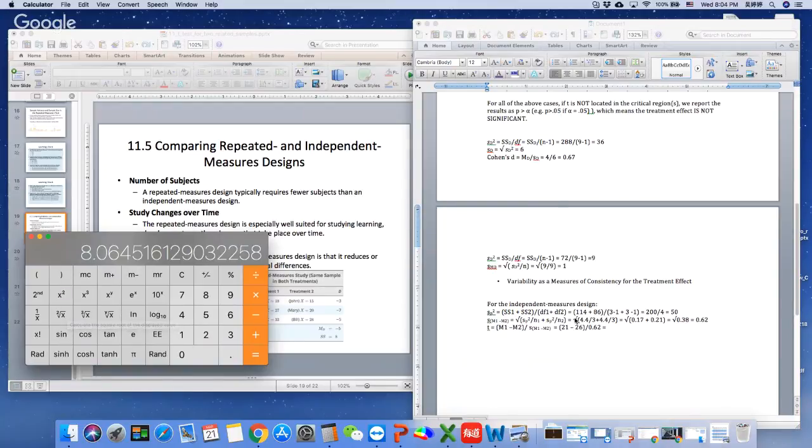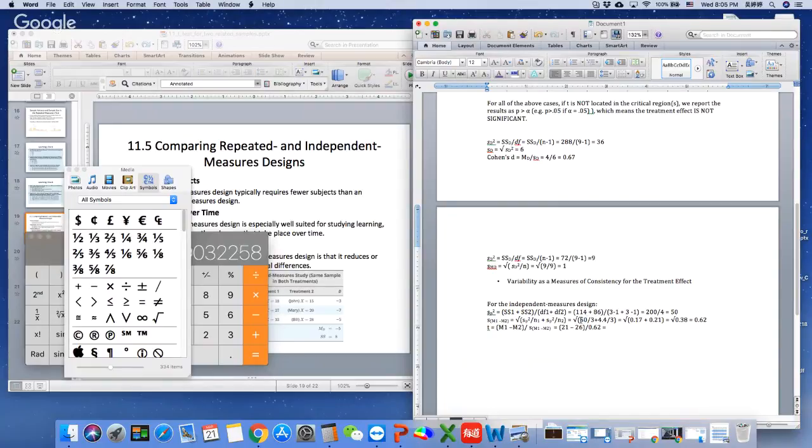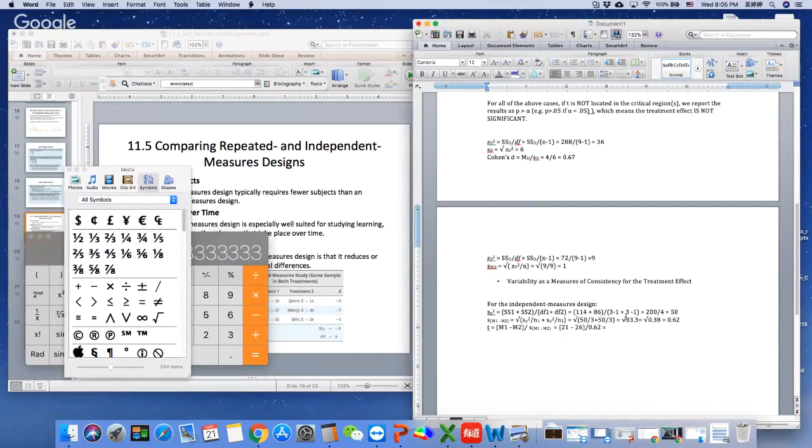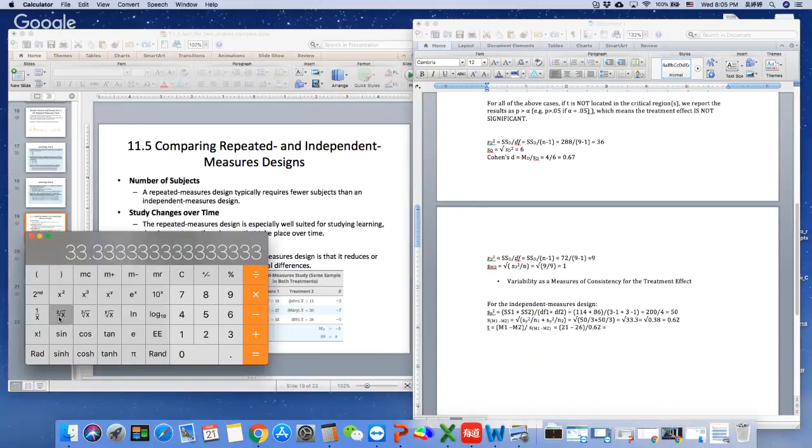So it should be 50, divided by 3 times 2, and take the square root.